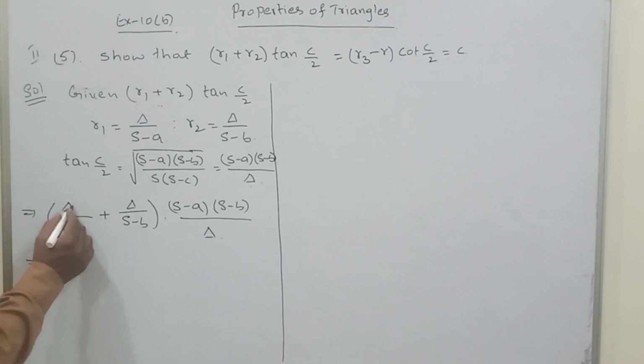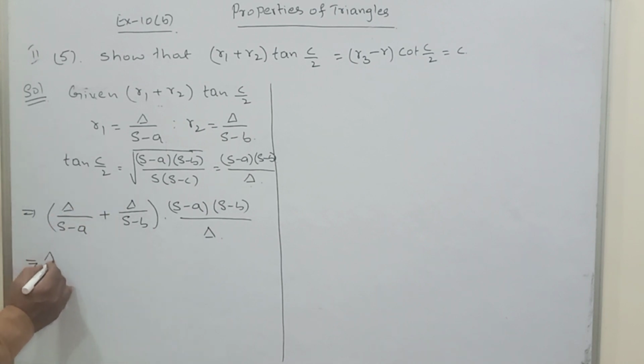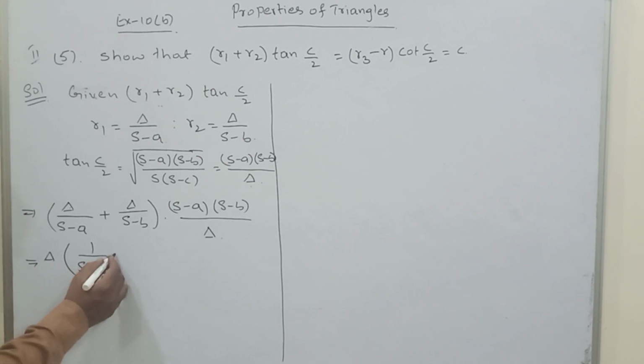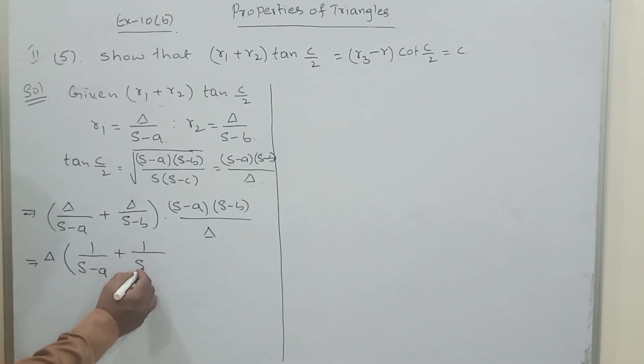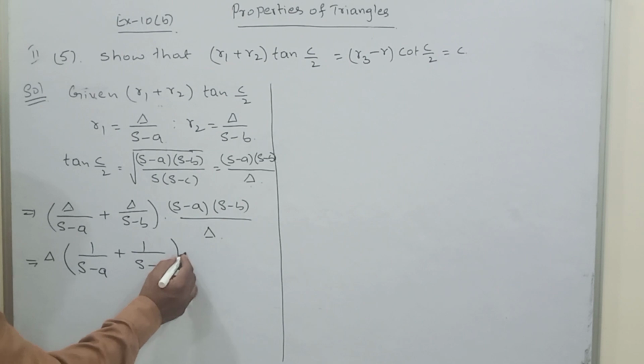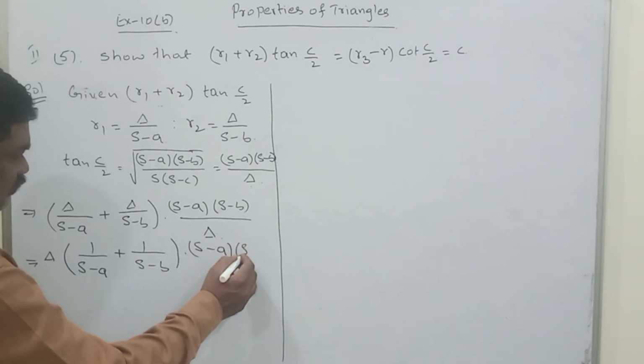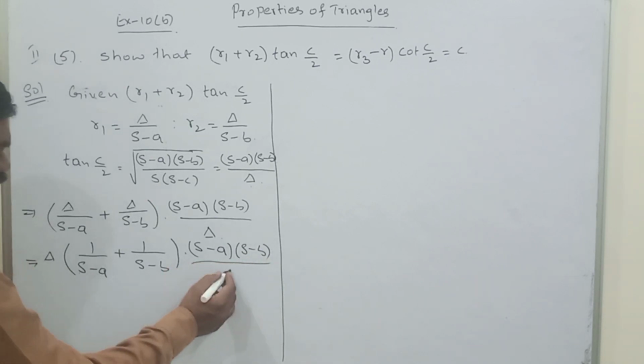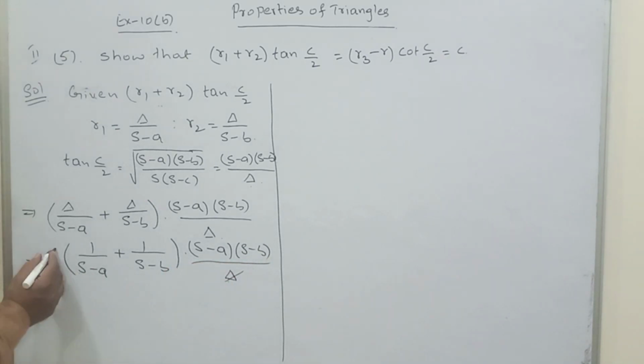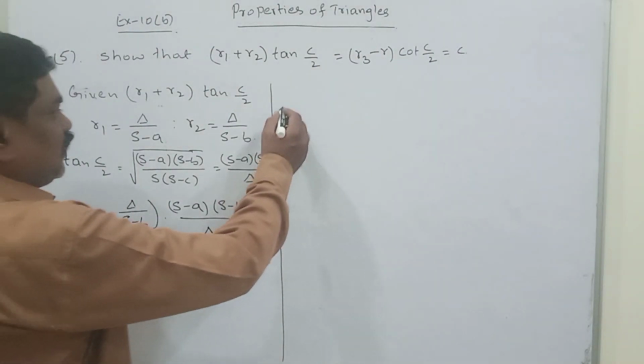So you have to take common delta from this. Delta of 1 by S minus A plus 1 by S minus B into S minus A into S minus B by delta. Delta, delta get cancelled. You have to take LCM here. What is LCM here?